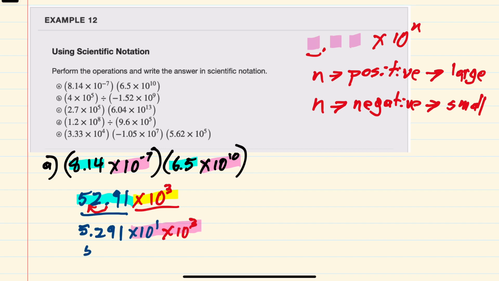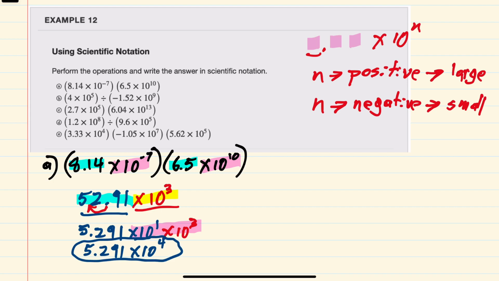So my numerical portion is 5.291. 10 to the 1 times 10 to the 3 is times 10 to the 4 when we add those exponents.